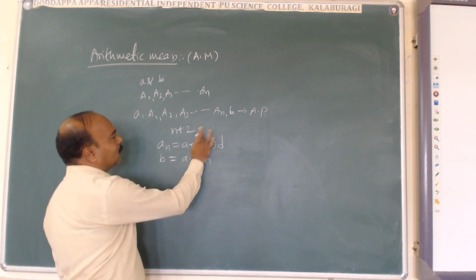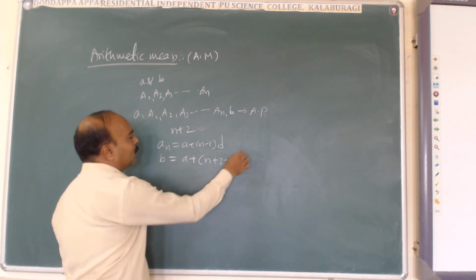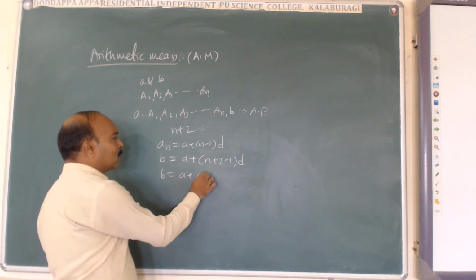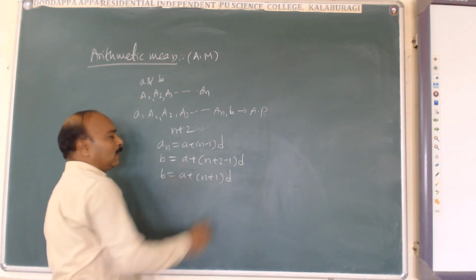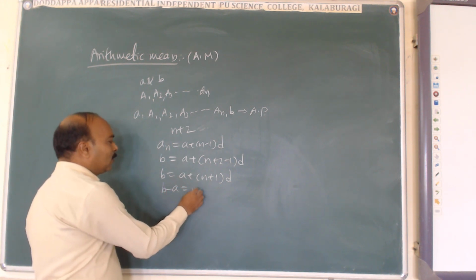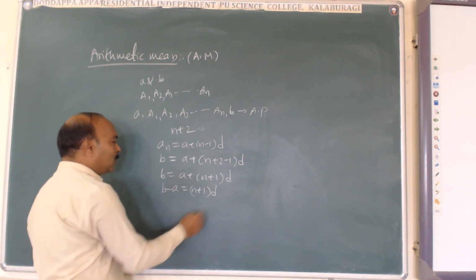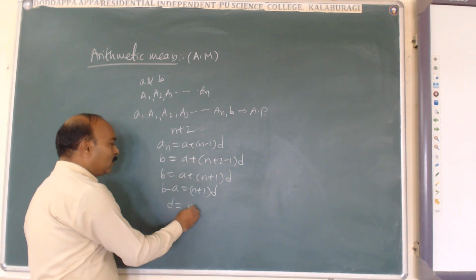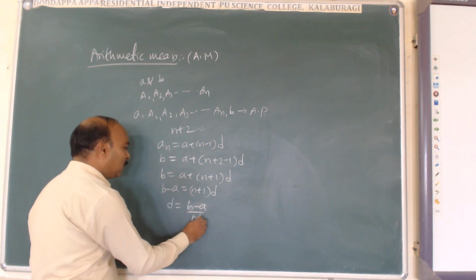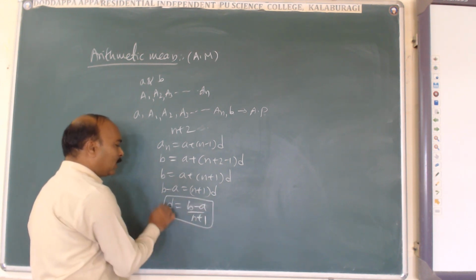It is n plus 2, (n plus 2 minus 1) into d. So b equal to a plus (n plus 1) into d. Therefore b minus a equal to (n plus 1) into d. Therefore d value is (b minus a) divided by (n plus 1). It is the common difference.